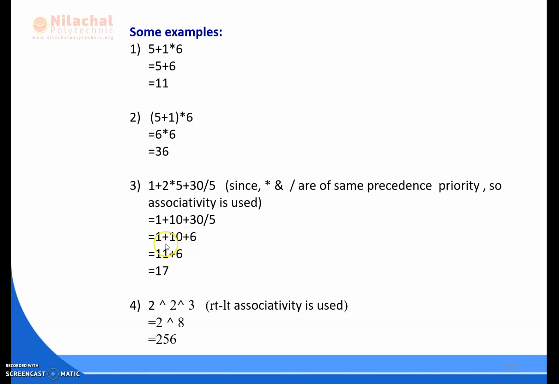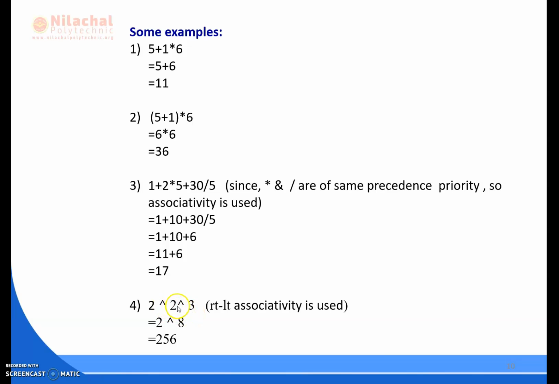Normally if we add all three it's okay, but we will go with the rule where there are two plus signs and we have to move from left to right. So we first solve 1 plus 10, that is 11, plus 6, and finally we get the answer as 17.